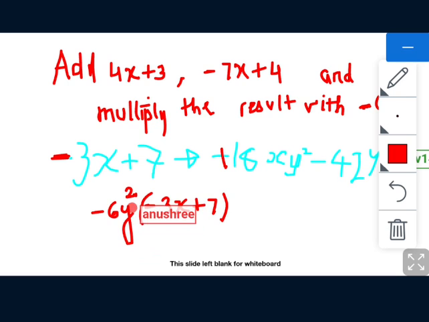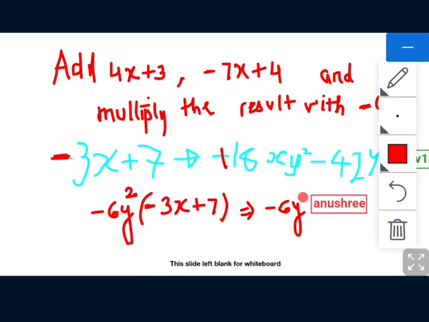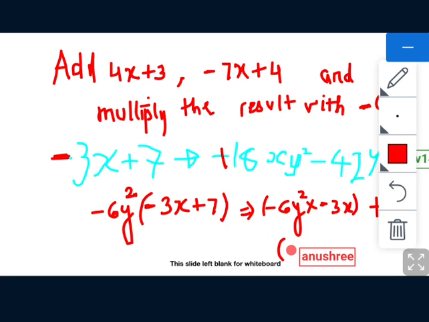So when you multiply them, it will be minus 6y squared multiplied by minus 3x plus, put them inside the bracket, minus 6y squared into 7. Is that clear?